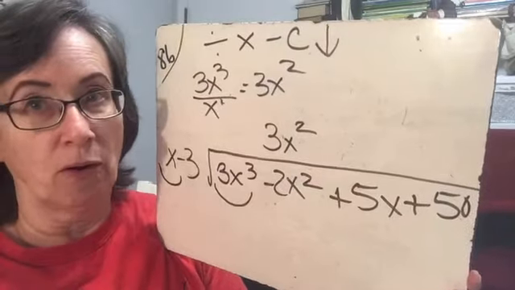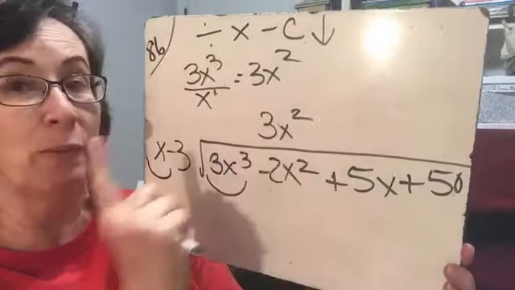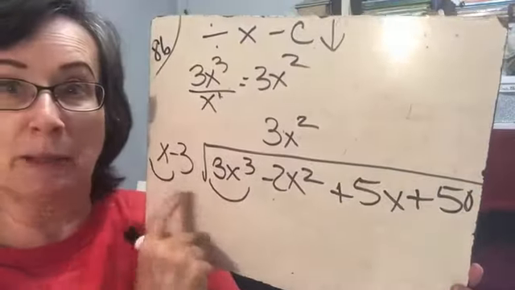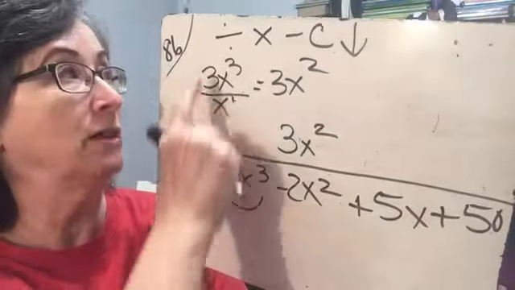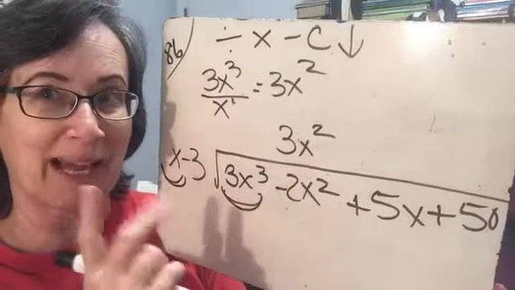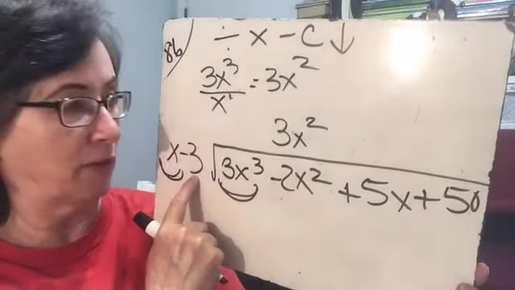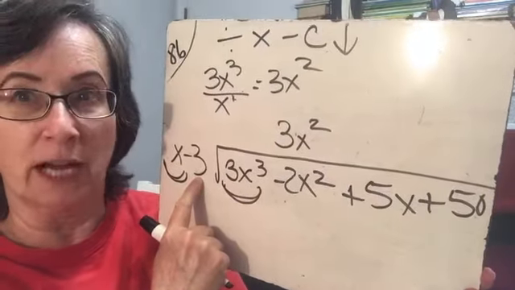Whew. Now all I've done was divide. Now I've got to multiply. Okay, so multiply. Now when I do the division, I just take the first one into the first one, but when I multiply, I use them both. 3x squared times a negative 3 will be a negative 9x squared.